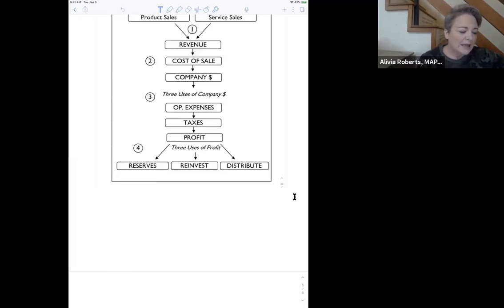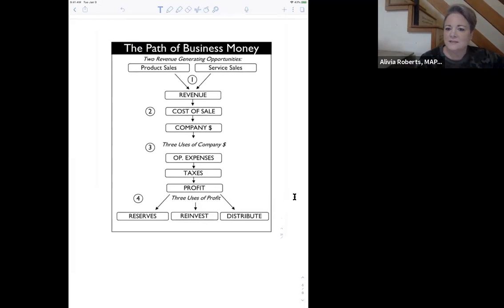Again, there's nothing new in this document. We bring the money in, we pay the money out, right? As the result of sales, we have company dollar. The question is, what do we do with it?